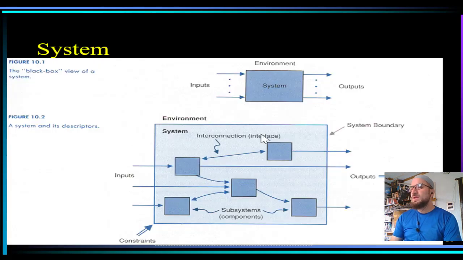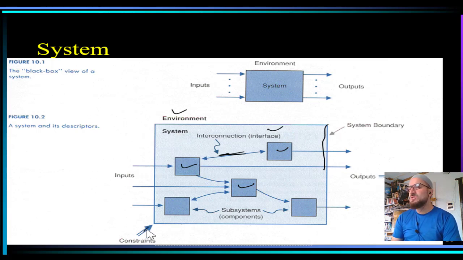Like this is our system. Outside is the environment, and this is my system. Inside are subsystems, and they are interconnected by some interface. This is the system boundary, and it's important because out of it goes the output, and from this side comes the input.